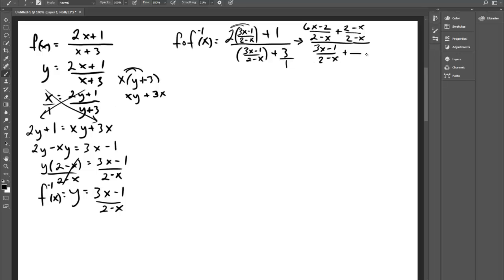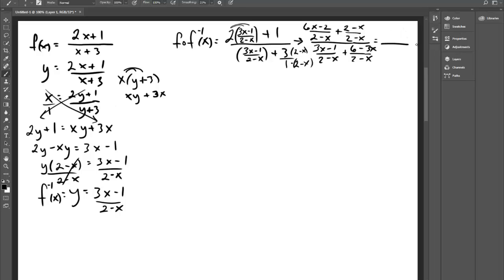And to get a common denominator, in other words, to make this bottom 2 minus x, I have to multiply the bottom by 2 minus x and the top by 2 minus x, like that. And so that's going to become 6 minus 3x. Gotta make sure, one little mistake and this whole thing is for nothing. Okay, so now I will try to put that right here.